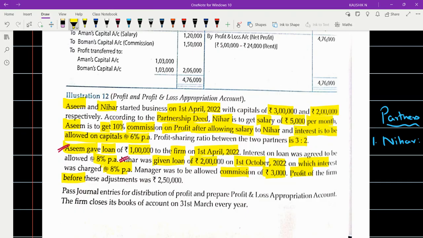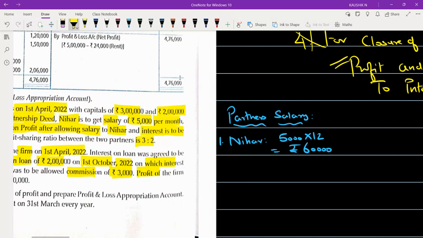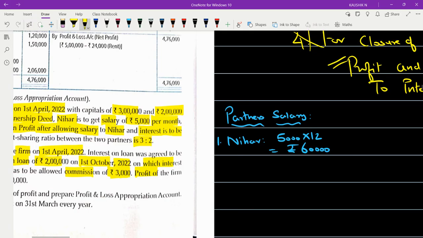And the partner salary. So first you are done with partner salary calculation. Now tell me partner salary, is it a charge or appropriation? Partner salary is an appropriation. Okay. You're done with this.